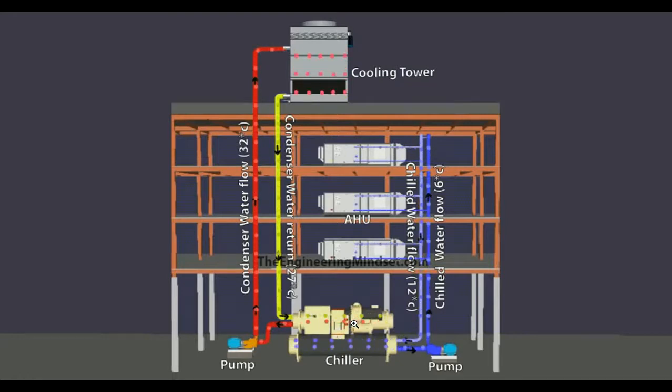And you may have more than one chiller. You usually have n+1, so the amount of chillers you need plus one more. If you're in a critical environment, you may even have +2 or +3, depending on what that building needs. But we won't go too much into the detail of that. Let's look at what's happening inside this device.